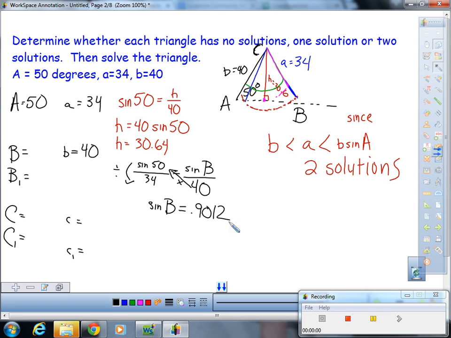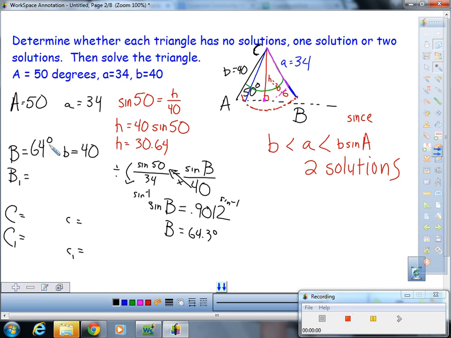Now, how do we get rid of sine? Sine inverse. So do second sine 0.9012, or second sine answer, and what do you get for capital B? Okay, now these directions tell us to round our angle to the nearest degree, so we're going to call this 64 degrees, okay?